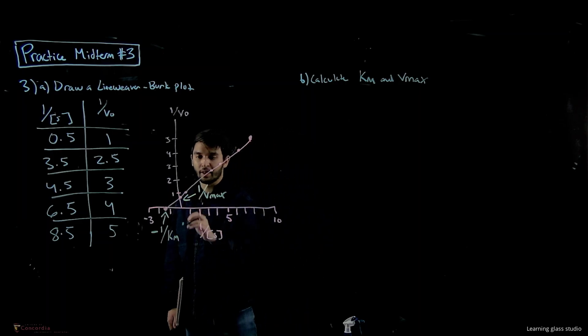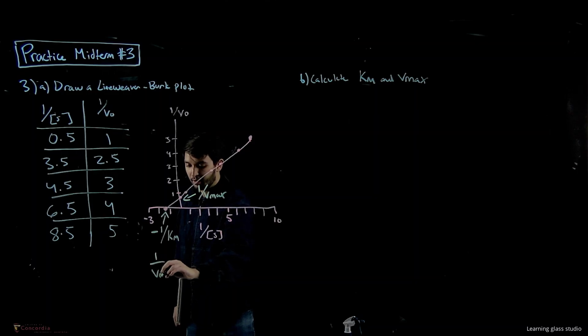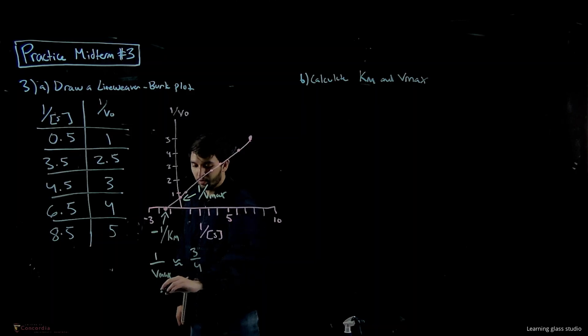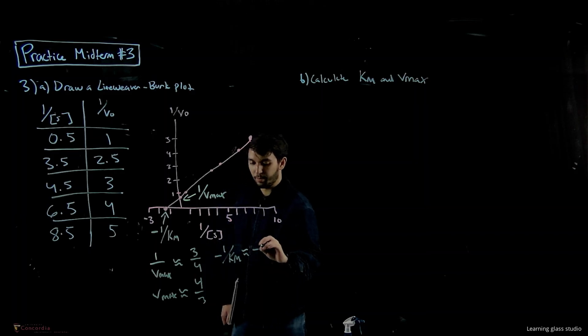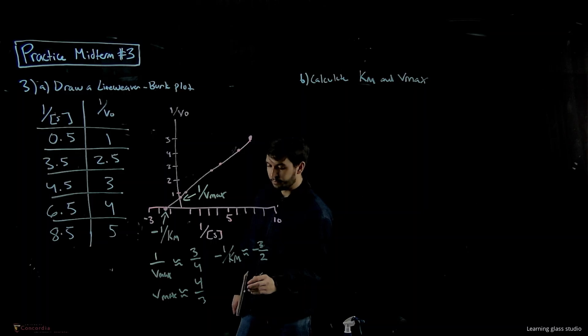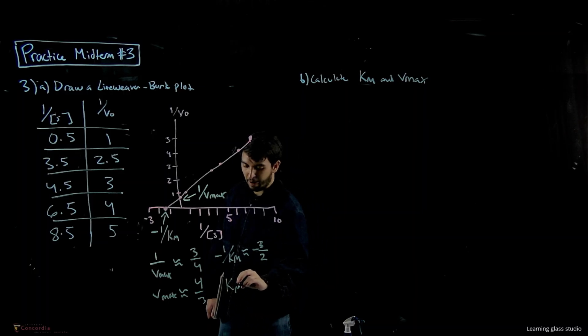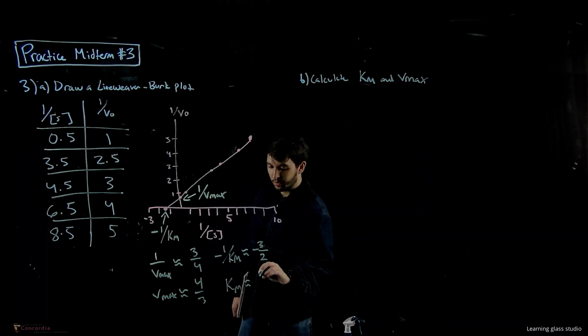So we can see that 1 over Vmax is roughly equal to 3 over 4. So Vmax is probably roughly equal to 4 over 3. And we can see -1 over Km is roughly equal to -1.5, or 3 over 2, right? So Km is probably roughly equal to 2/3.